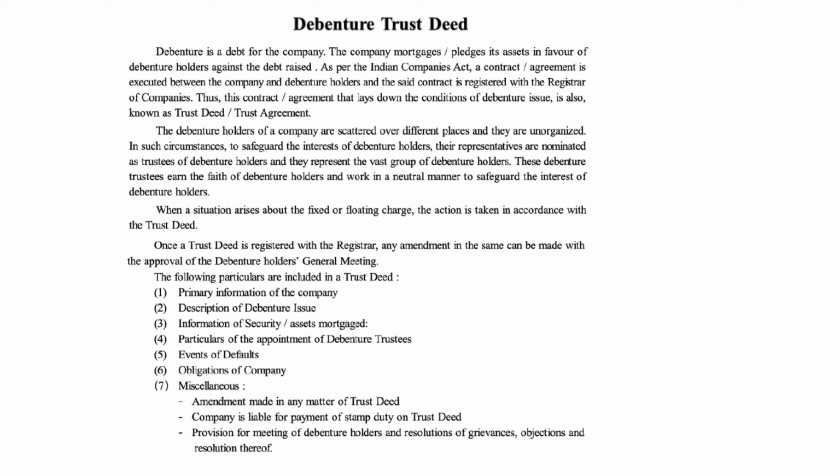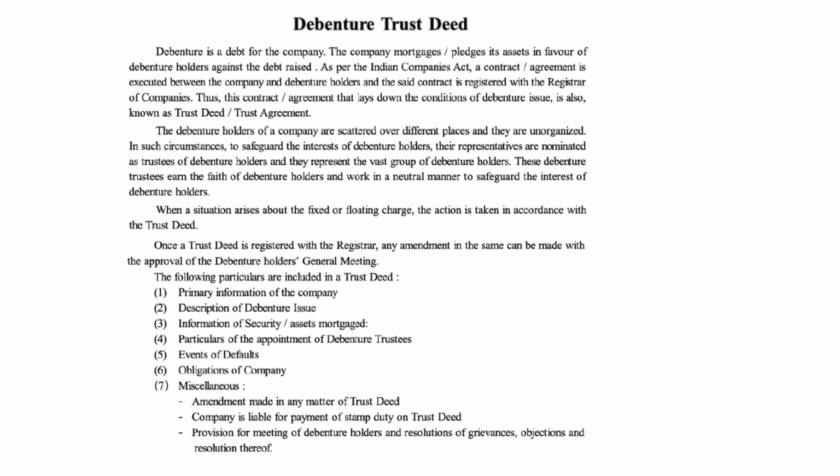The trustees will see that the company is actually incurring loss in this factory, so they'll agree to the sale of this plant, but in exchange they will take a mortgage of some other plant or factory, so that the interest of the debenture holders is safeguarded. They will have continuous interaction with the company and make sure that the amount of the debenture holders is fully secured.